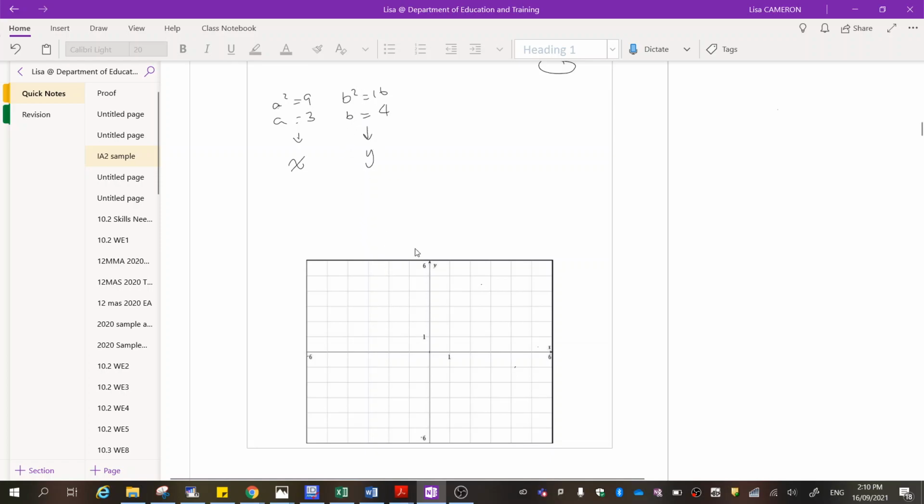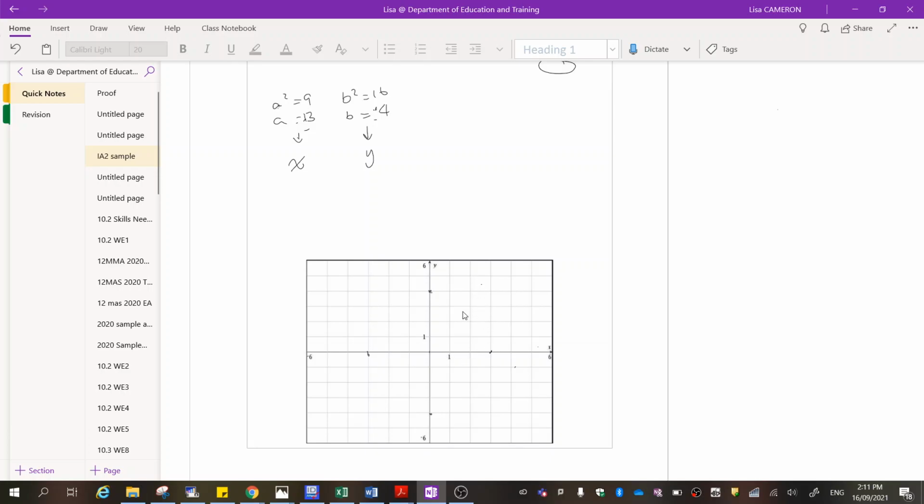Now, we've got positive 4, so 1, 2, 3, 4. So we have a point up here. We have a negative 4, so 1, 2, 3, 4. So B is plus minus 4, and then we have plus minus 3 on the x-axis. 1, 2, 3, 1, 2, 3.